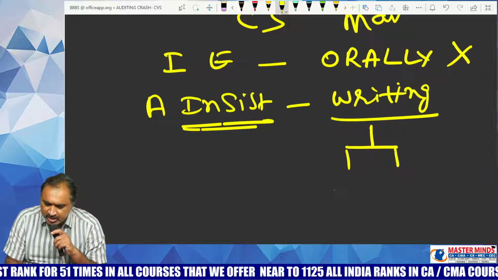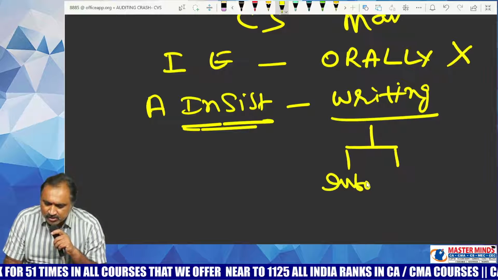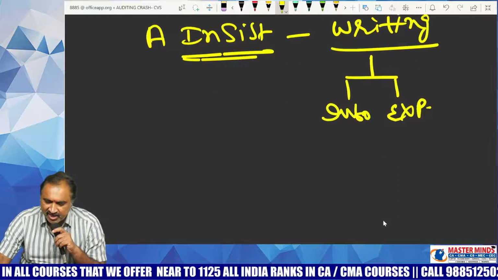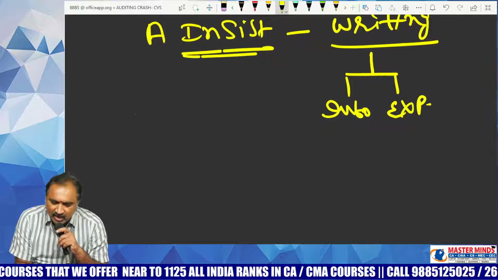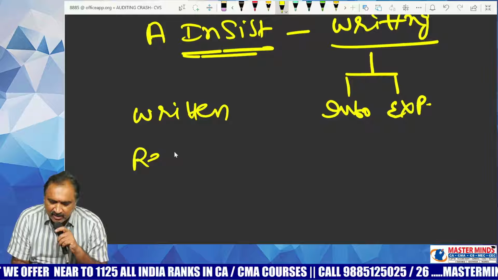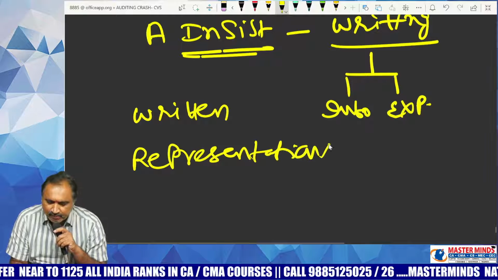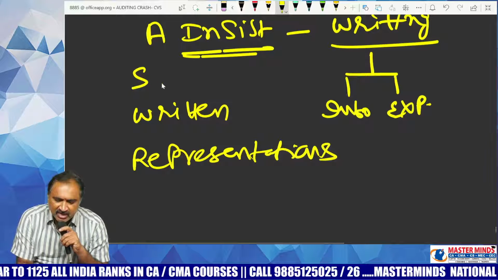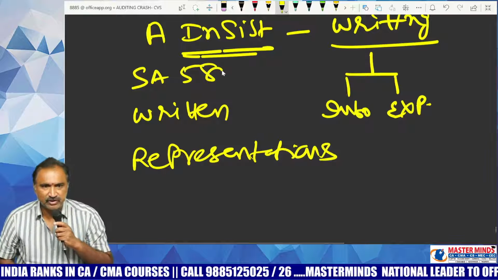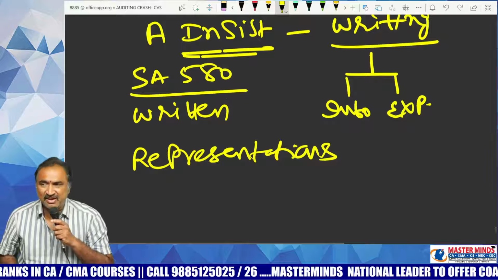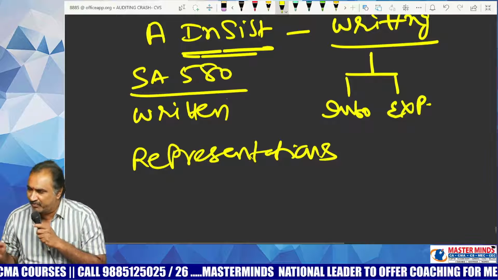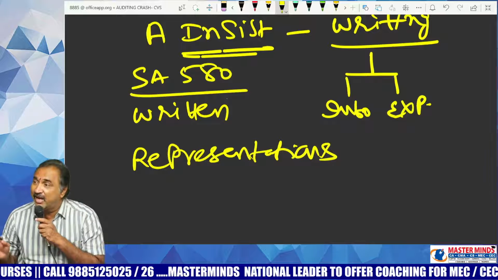The information and explanations so provided by the company to the auditor in writing are technically called as written representations, which was dealt with by SA 580. Standard on 580 deals exclusively with the concept called as written representations.